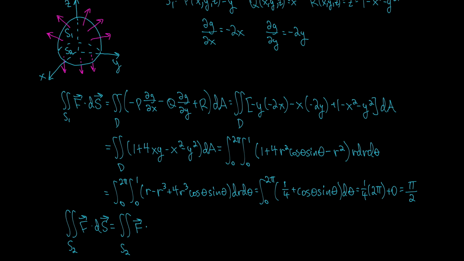It's F dot n dS, right? Since this is the z equals 0 surface, our normal vectors are pointing straight down. So F dot n dS would just be F dot minus k dS.